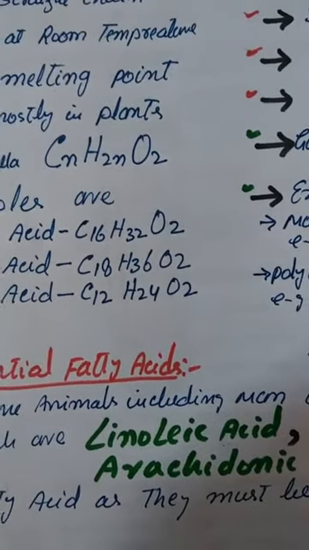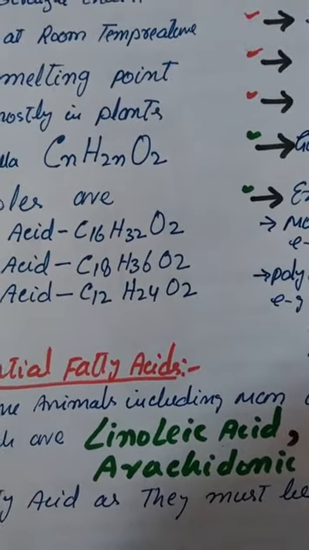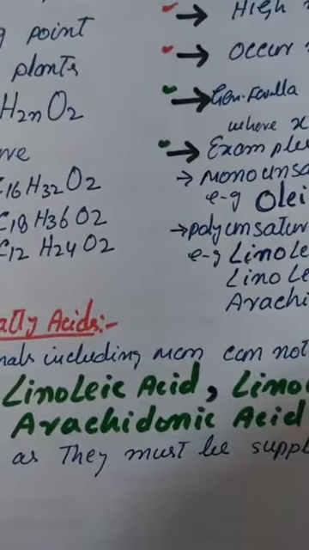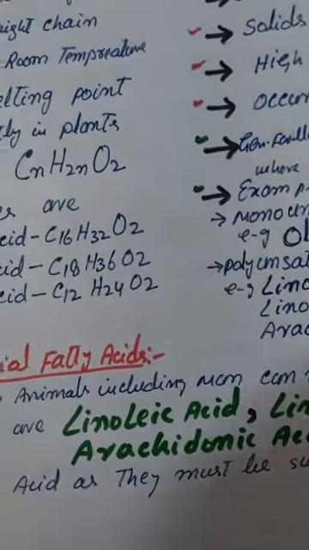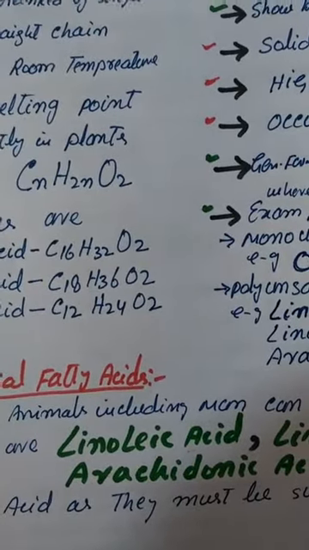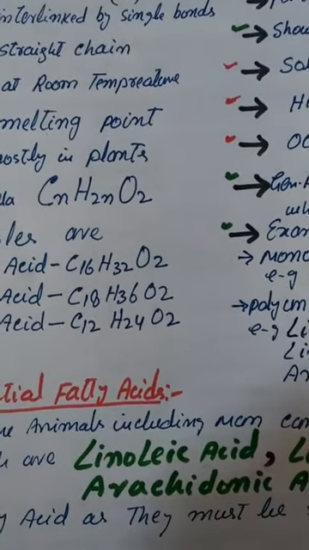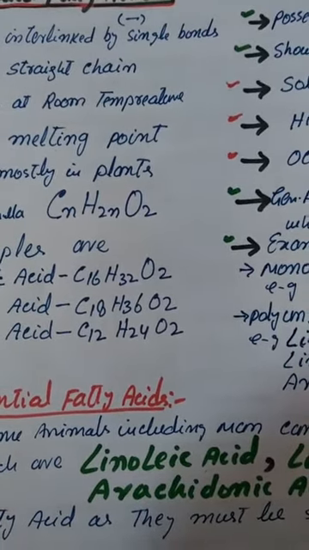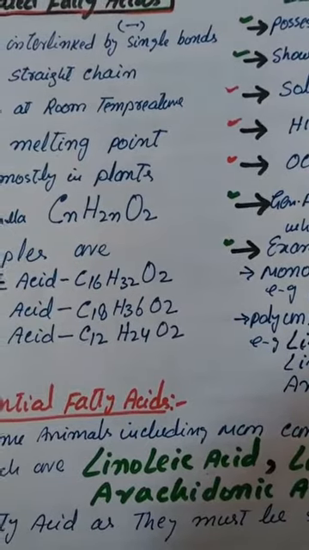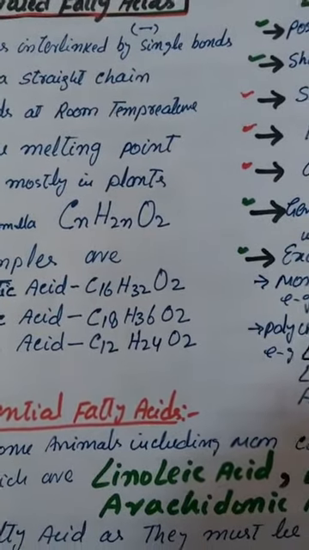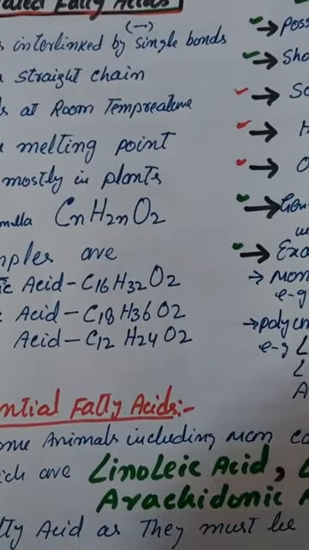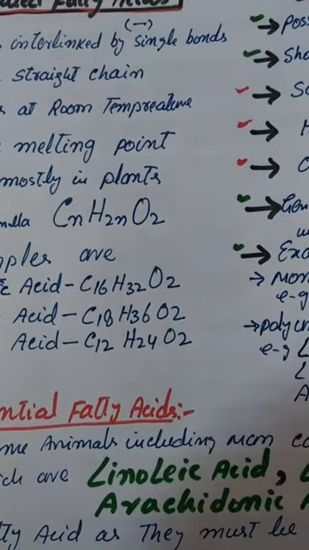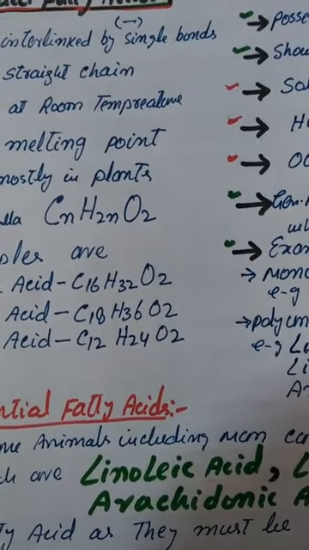These three unsaturated fatty acids are called essential fatty acids, as they must be supplied through the diet of an organism. Now, this was all about the fatty acids, which are the building blocks of the lipids. In our next topic, we will discuss the classification of lipids.